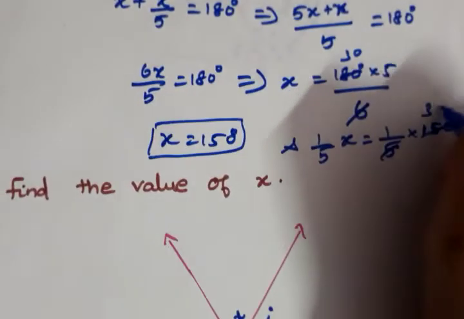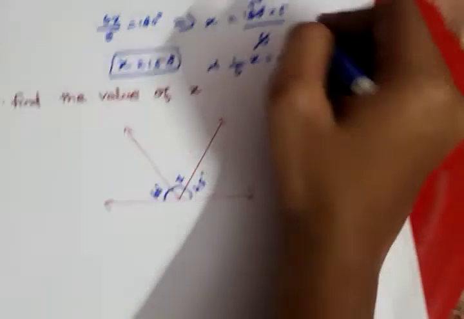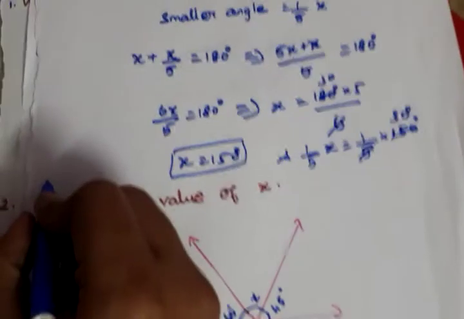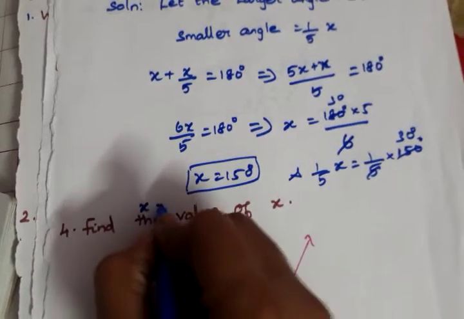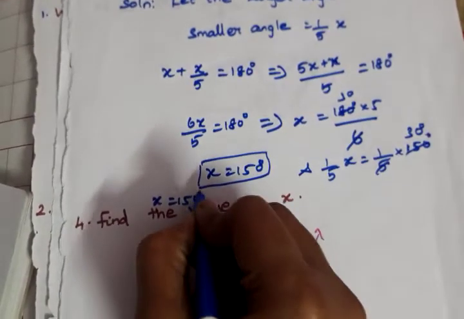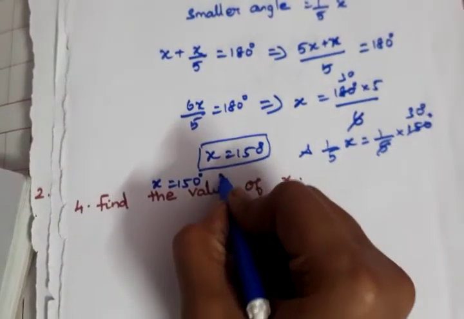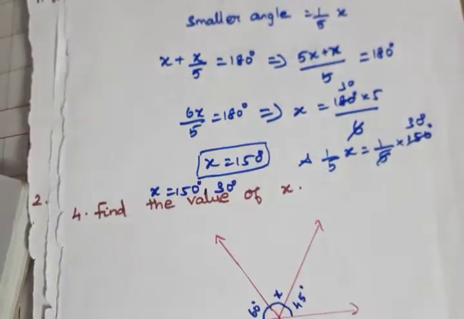Cancel it, 30 degree. So x equal to 150 degree and 30 degree. Did you understand?